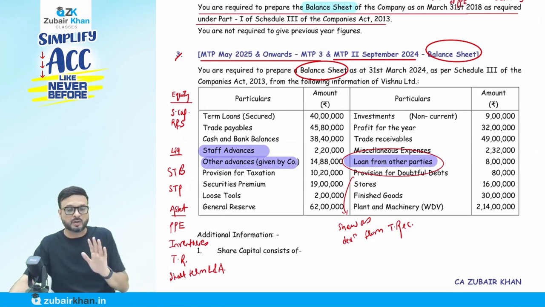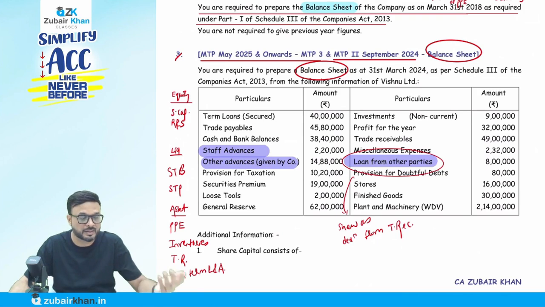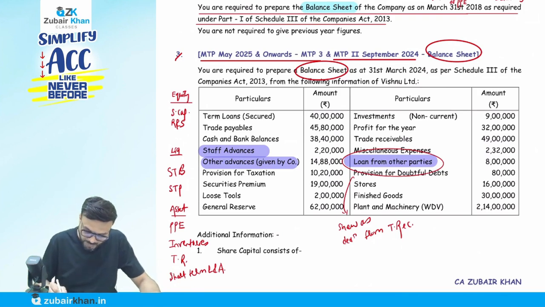You may also assume long term, but we have to write a note on it because clarity is not given. They have not mentioned short term or long term, so it depends on us. If someone writes it under long term, nothing is wrong in that. So we have to prepare these notes: 1, 2, 3.